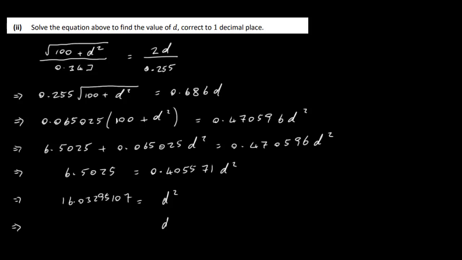Finally we just need d, so we get the square root of this, to one decimal place, and it's just 4.0. It's d, so it's in kilometers, to one decimal place. Okay, and that's question 9 finished.